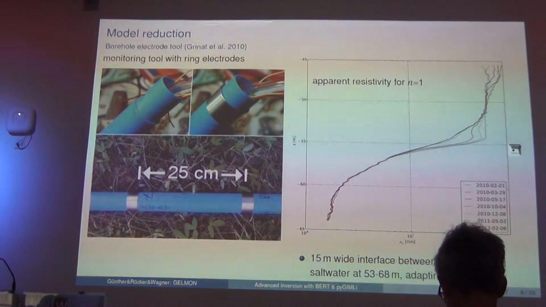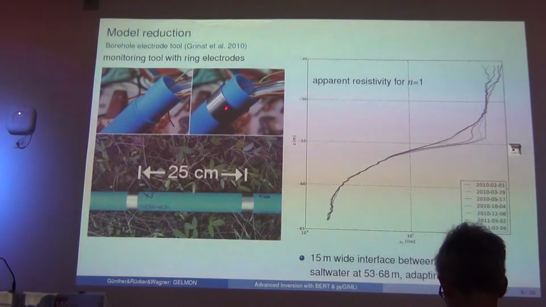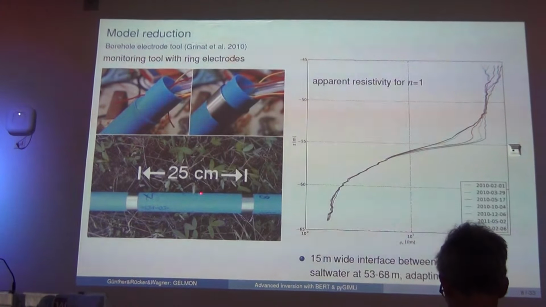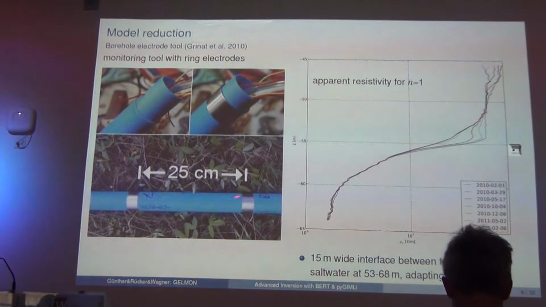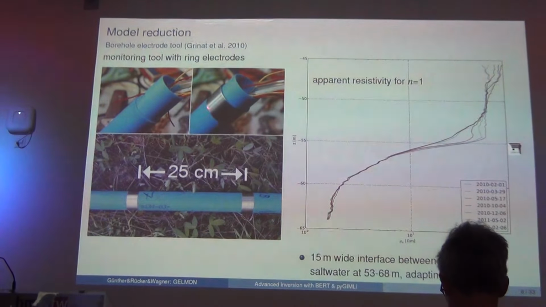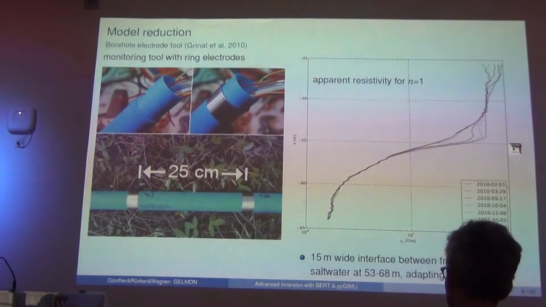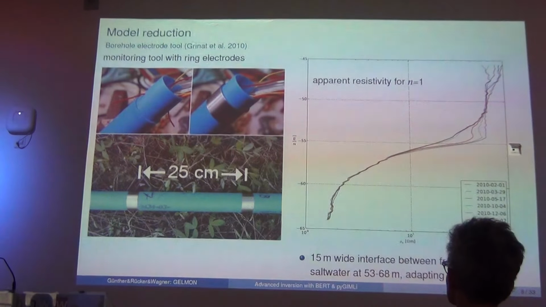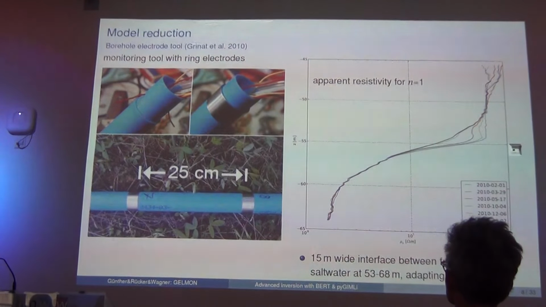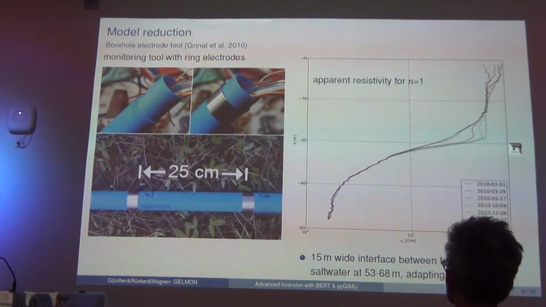I just want to show you one example from my colleague Michael. The borehole tool with ring electrodes. Ring electrodes are not point electrodes essentially, and there's some point that you stick into the ground, so you really have to account for the ring itself. We have the ability to inject current and to measure potentials or phases or lines or connected nodes, whatever.